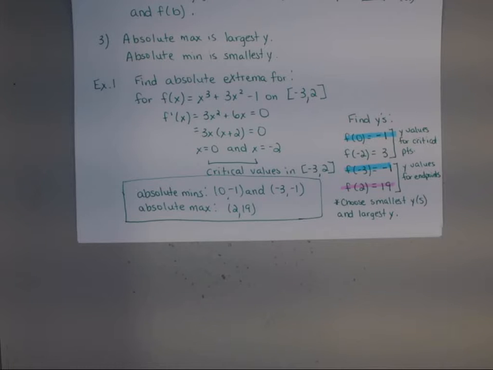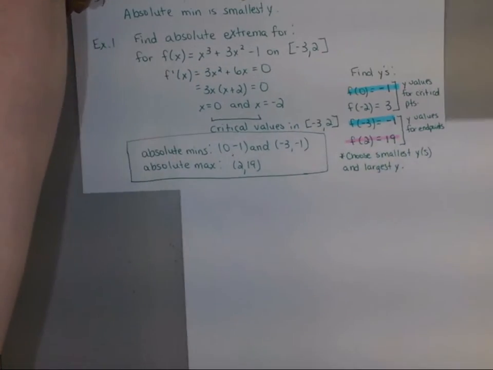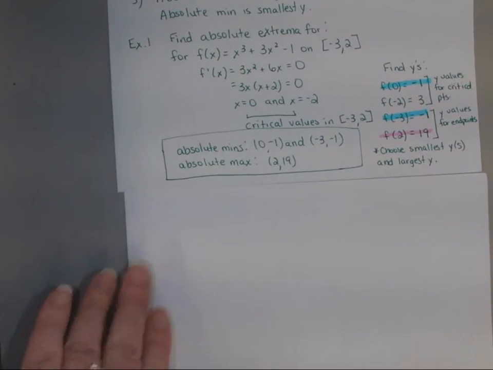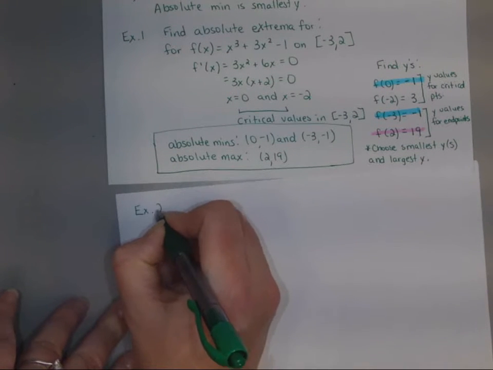Okay, so let's do maybe another one where perhaps we're not given an interval necessarily. If we're not given an interval, it's assumed that it's over the whole graph.